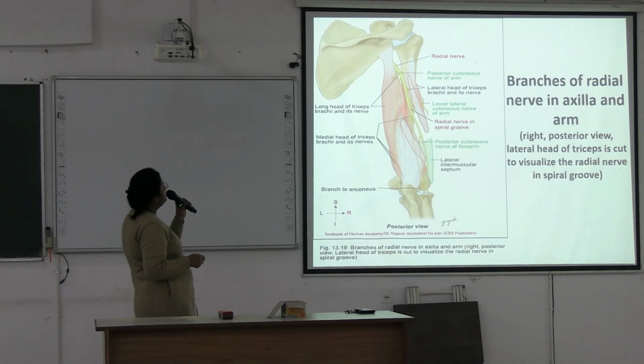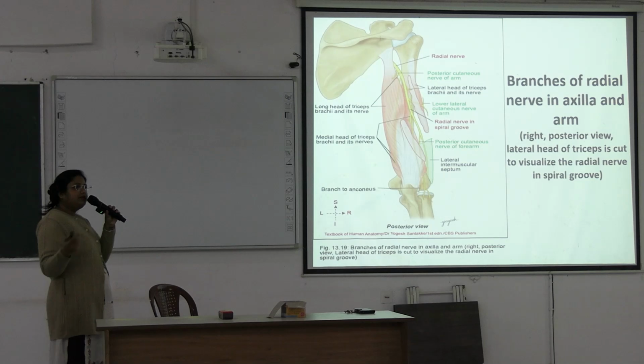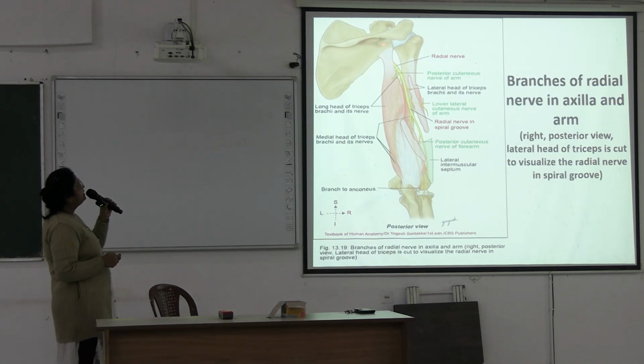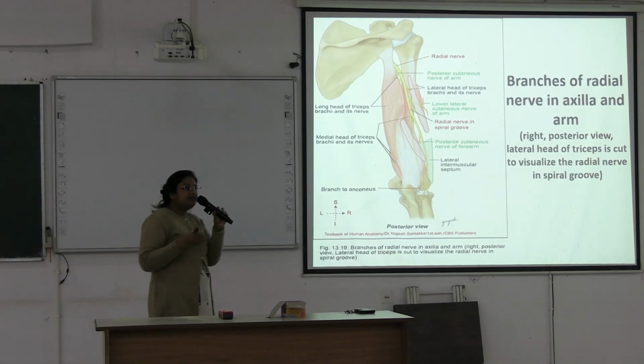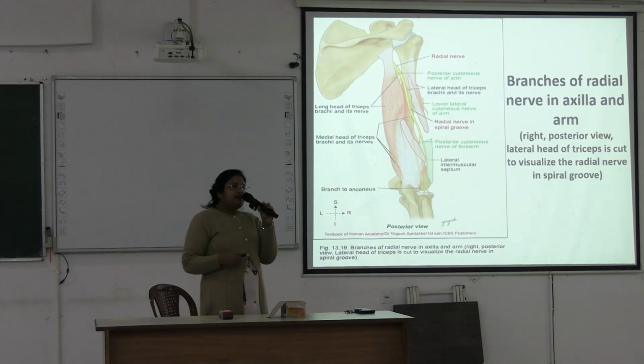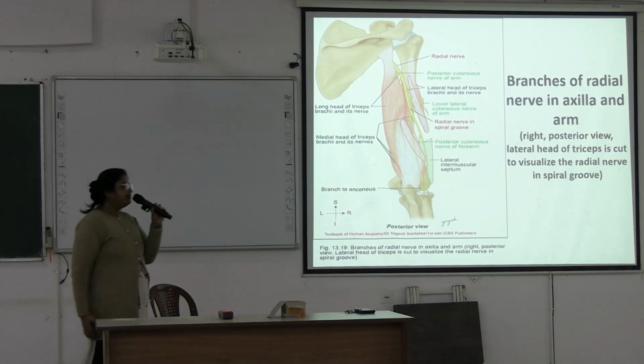See, this is the radial nerve. It is the continuation of the posterior cord of the brachial plexus. First, it is lying in the axilla. Then it is passing through the spiral groove here on the posterior aspect of the humerus. The spiral groove is passing downward and laterally, and it is passing along with the profunda brachii vessels. Okay.